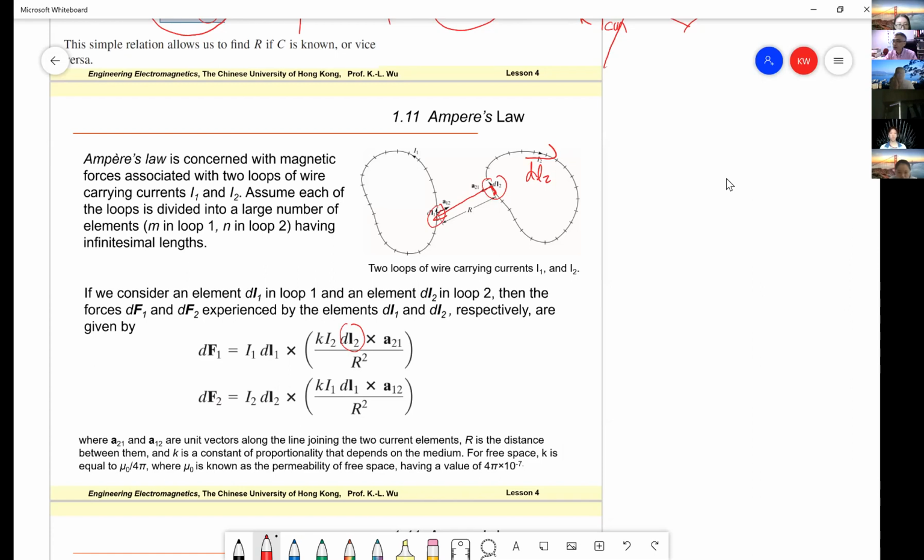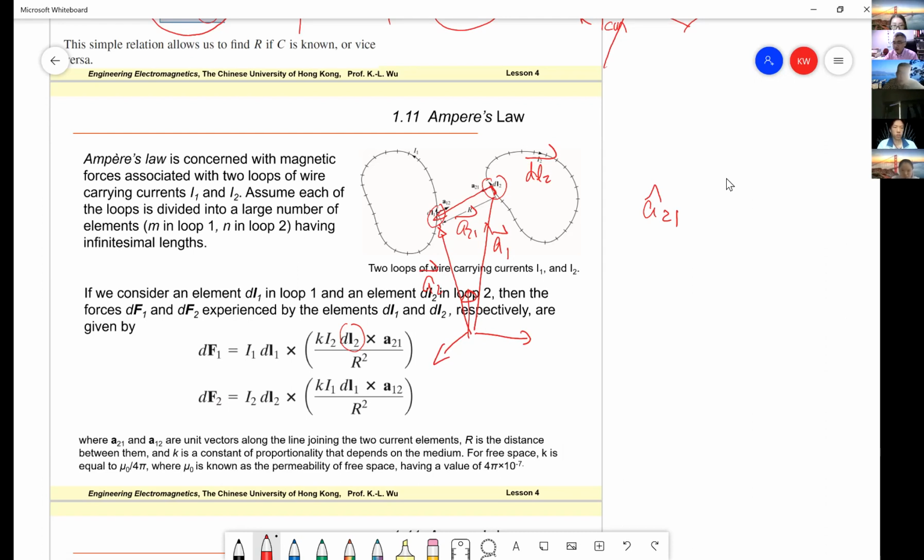So this A21 is a distance vector, between these two position vectors. If this is my coordinate system, this is A1, this is A2, so this is A21. This is independent of where I put my coordinate origin.